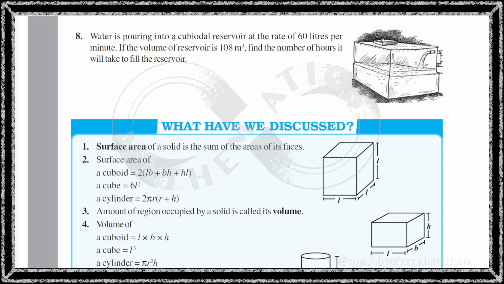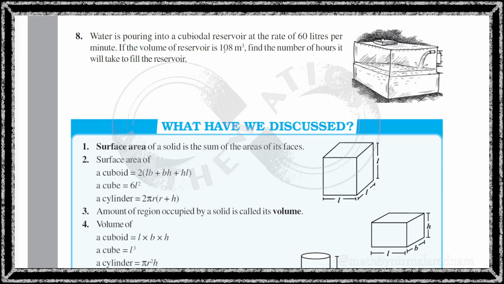Water is pouring into a cuboidal reservoir at the rate of 60 liters per minute. If the volume of the reservoir is 108 meter cube, find the number of hours it will take to fill the reservoir, right? So here what we are going to do is, we've already been given the volume of the reservoir, right?